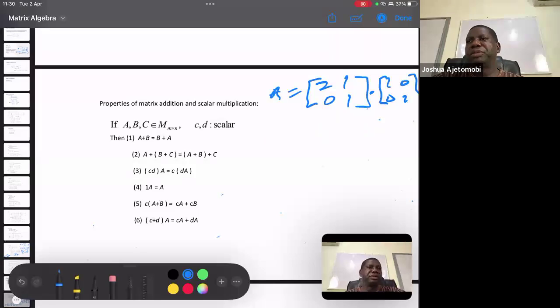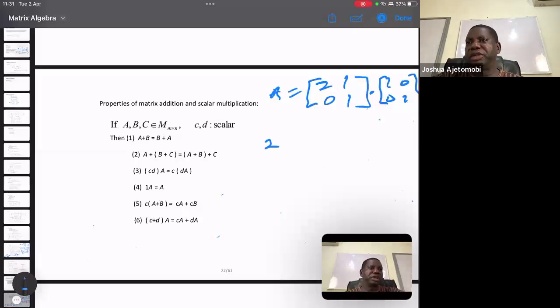So this is 2 multiplied by 1, which is 2, plus 1 multiplied by 0, that will give us 0. That's 2. And here we have 2 multiplied by 0, which is 0, plus 1 multiplied by 1 will give us 1. And this is 0 multiplied by 1, which is 0, plus 1 multiplied by 0, that will give us 0.